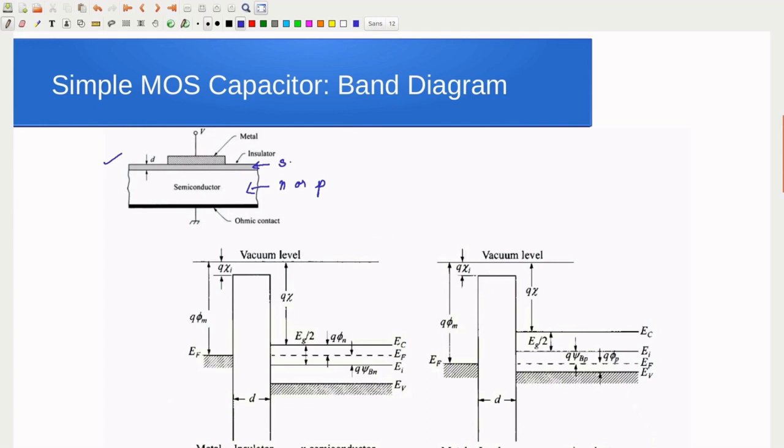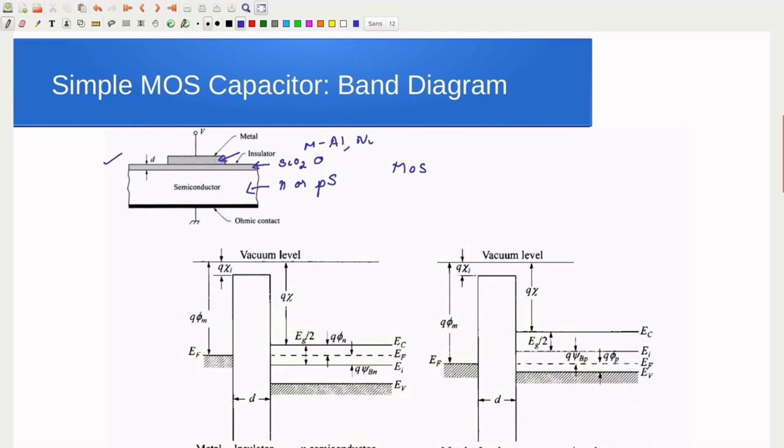The insulator could be silicon dioxide, which is then connected to a metal, which forms metal oxide semiconductor, MOS. The examples of metals that can be connected are aluminum and nickel, etc.